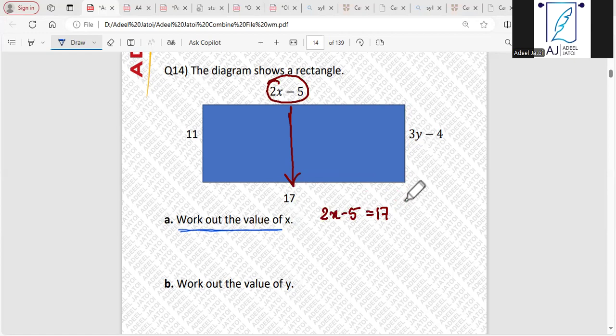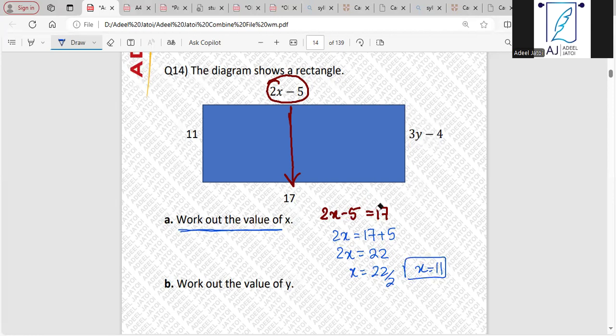So what we'll have is 2x is equal to 17 plus 5. 17 plus 5 is 22. Now we know that 2 is being multiplied, it will be divided on the other side. So this will be 22 upon 2. So x will be 11.